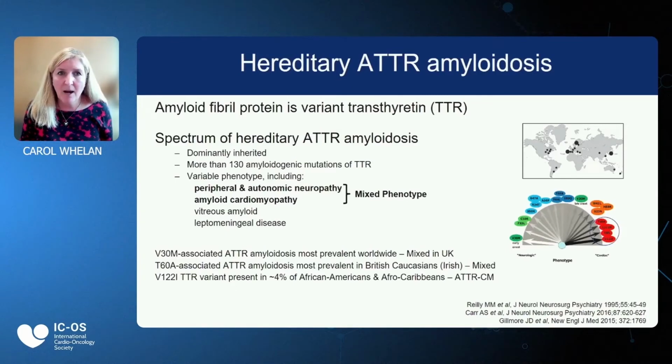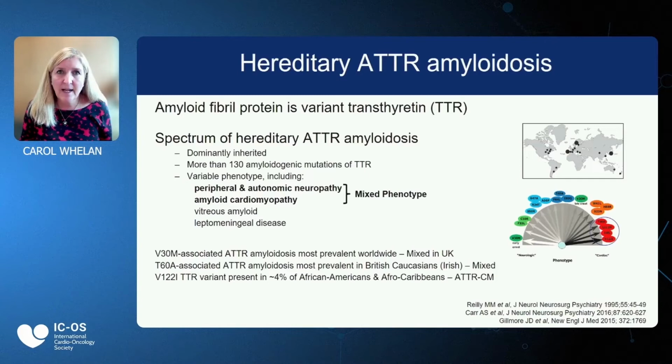Hereditary ATTR amyloidosis tends to be a spectrum of predominantly neurologic to cardiac phenotype, depending on the variant. Worldwide, T30M associated ATTR amyloidosis is the most prevalent and can have early onset and late onset, causing a neuropathy and or a cardiomyopathy.